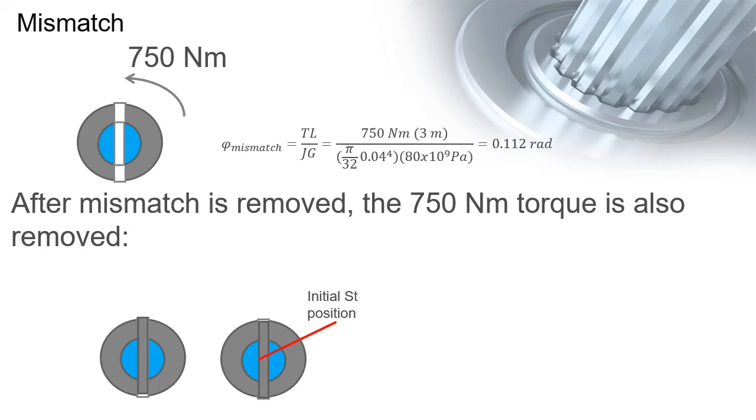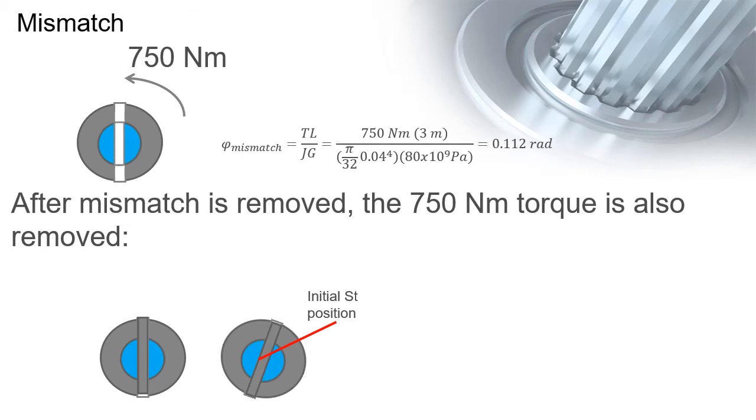However, since the two shafts are already connected by the pin, the steel shaft could not return to its original position, and it would only twist by an angle lesser than the angle of the mismatch.